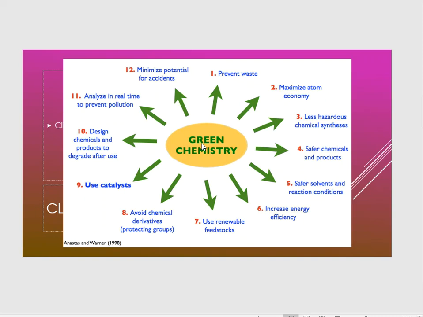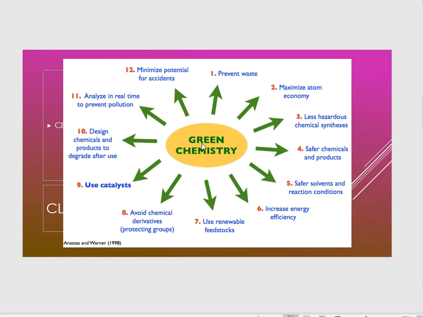I want the chemical to break down after a certain point in time and basically expire on me and change into something completely different. So if we can make products and use reagents that do degrade after a certain point in time, then that is by definition green chemistry because I'm looking out for the environment here.